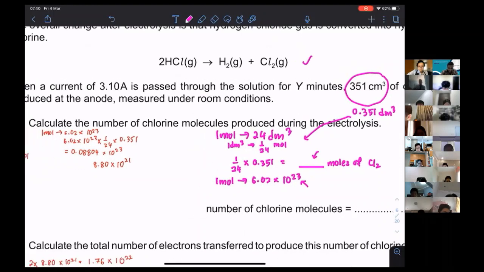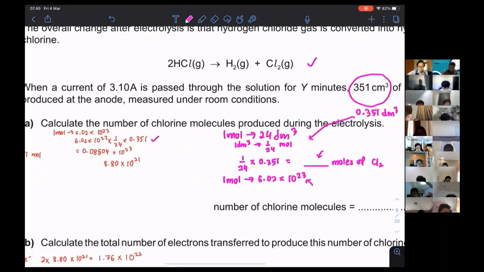You can see my working. If you calculate all that, you will get 0.08804 times 10 to the power 23. I have simplified that, I bring it over here, 10 to the power 21.